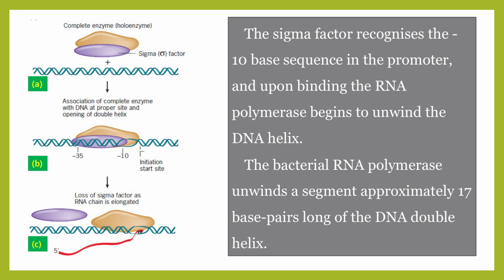Exactly 17 nucleotides of DNA are unwound locally by RNA polymerase for transcription to take place. It forms a transcription bubble. The unwound DNA, the growing RNA chain, and the enzyme, everything together constitutes the transcription bubble.